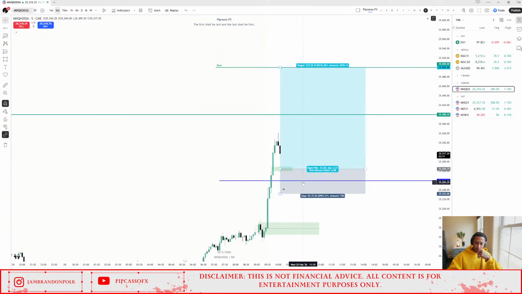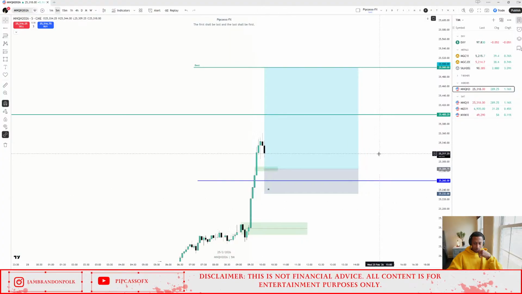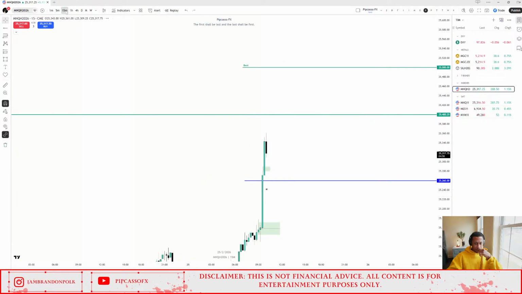This might be our best bet here. Just with this immediate rebalance expansion away, I'm expecting this to remain open. It comes down into there. So, 15-minute chart.